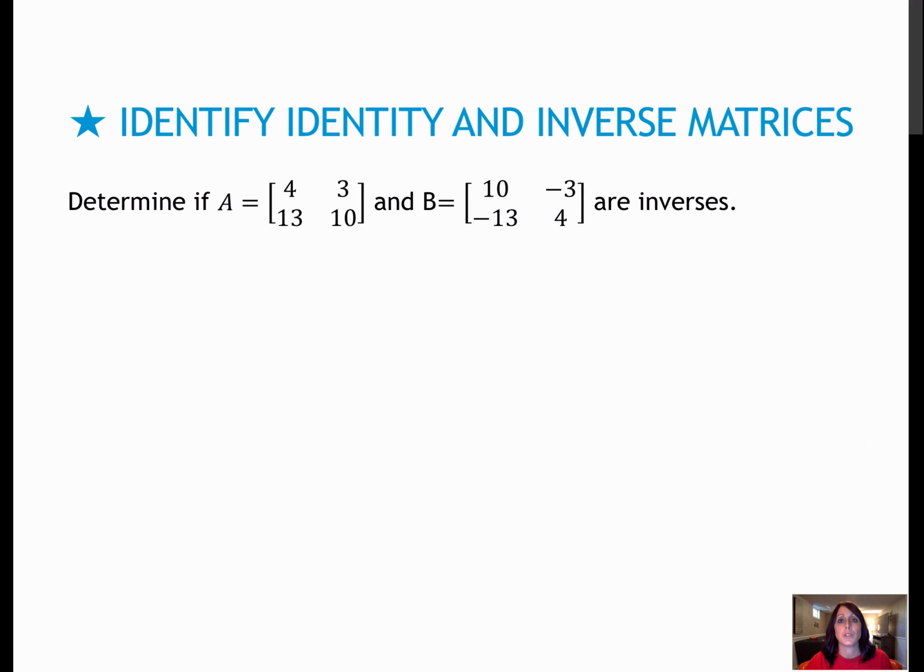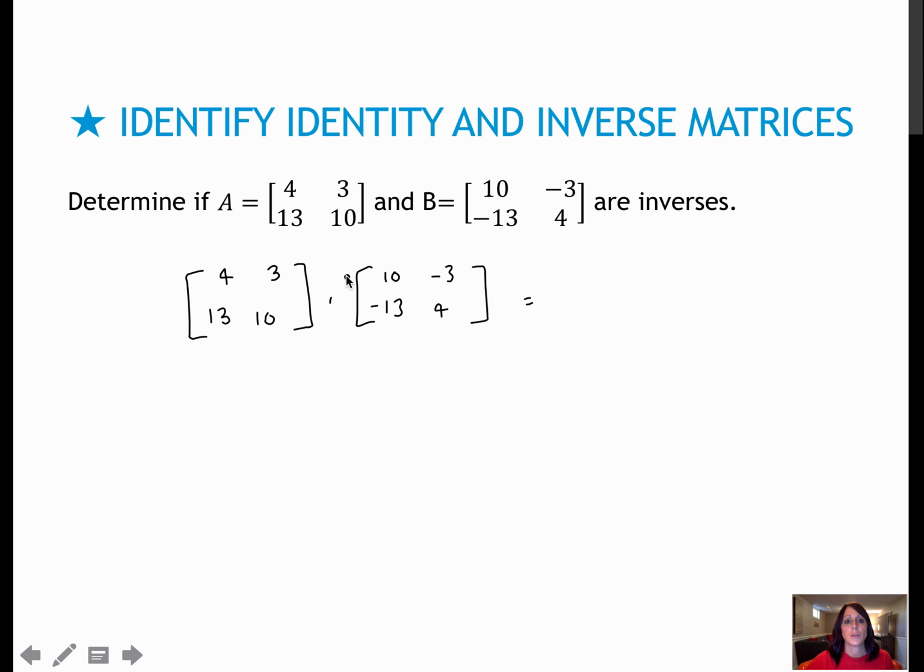So in this one, I want you to determine if these two are inverses by checking to see if their product is the identity matrix. So 4, 3, 13, 10, multiplied by 10, negative 3, negative 13, 4. We're going to multiply. So I'm going to turn 4, 3 into a column.